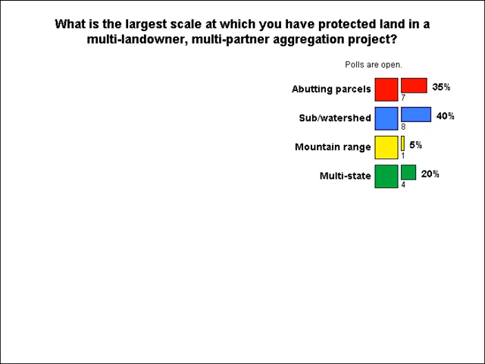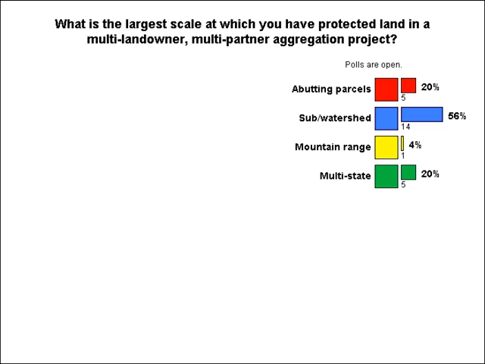All right, great. As you can see on your screen, we've got a polling question running about what is the largest scale at which you have protected land in a multi-landowner, multi-partner aggregation project. It looks like sub-watershed is out there in front, but there are a number of projects characterized as abutting parcels.